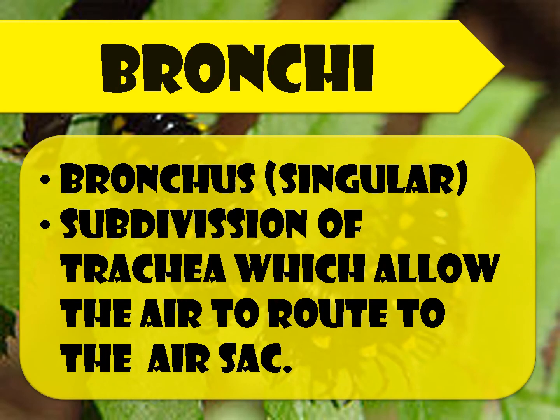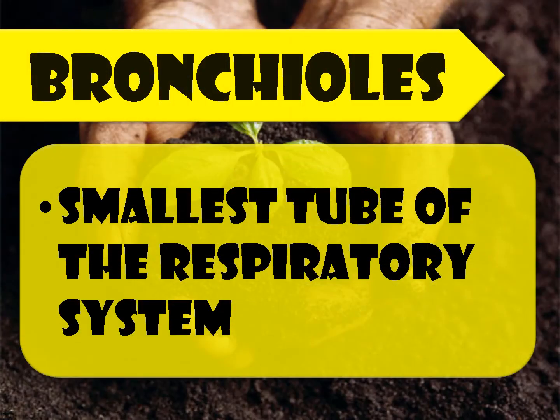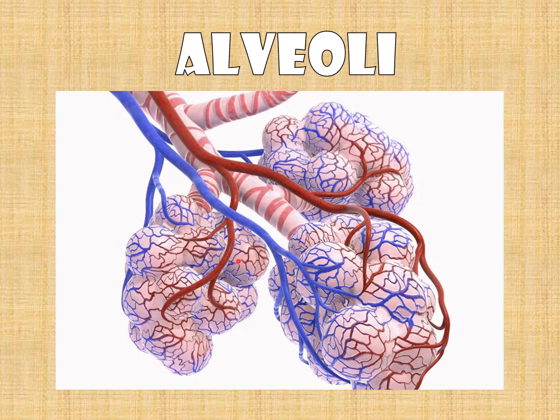After the trachea, the air will enter the next passageway, which is the bronchi. Bronchus if singular. It is the subdivision of the trachea which allows the air to route to the air sacs. Next to the bronchi are smaller tubes known as the bronchioles. They are also known as the smallest tubes of the respiratory system. As you can see in the picture, at the end of each bronchiole are alveoli.